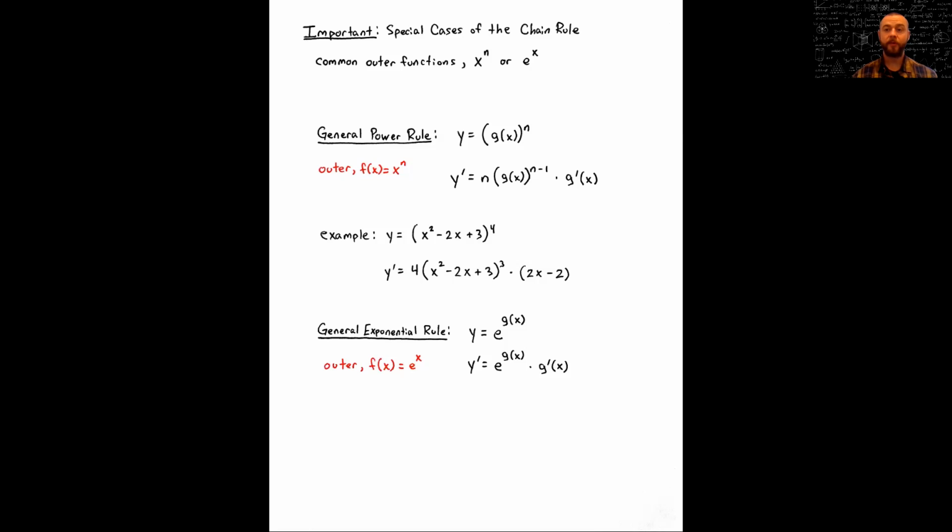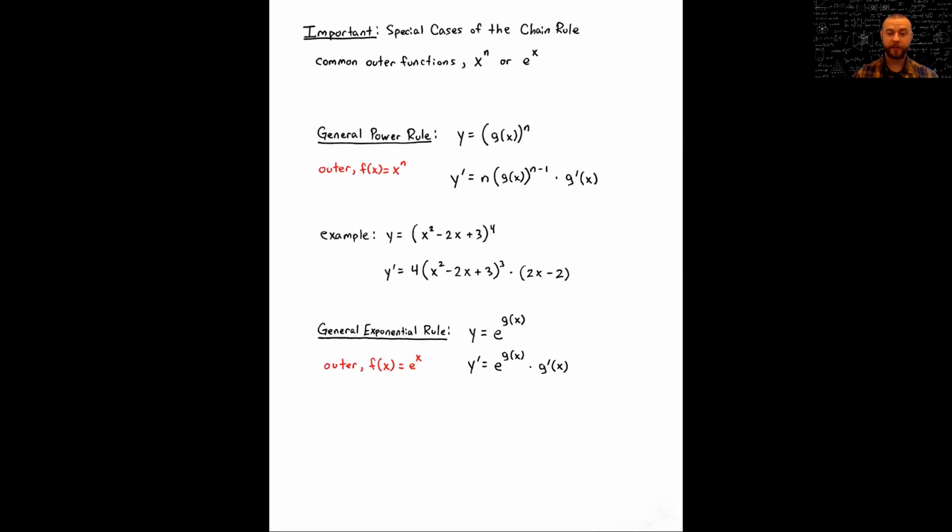But because we are applying the chain rule, we multiply by the derivative of the inner function. The inner function is what appears in the exponent, g of x. Its derivative, we write it just as g prime of x. All right, and this we'll be using very frequently throughout some of the examples throughout the next few lectures.